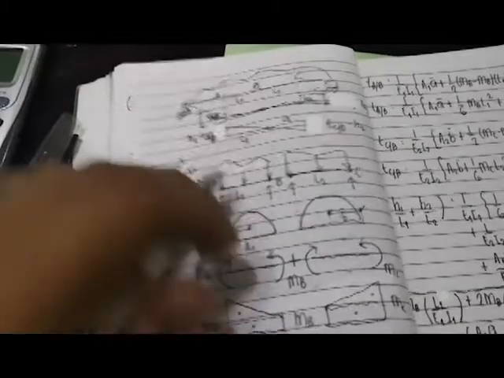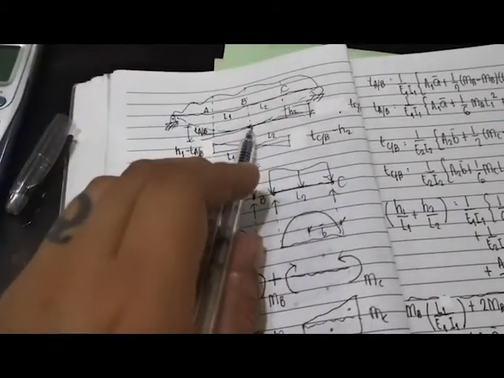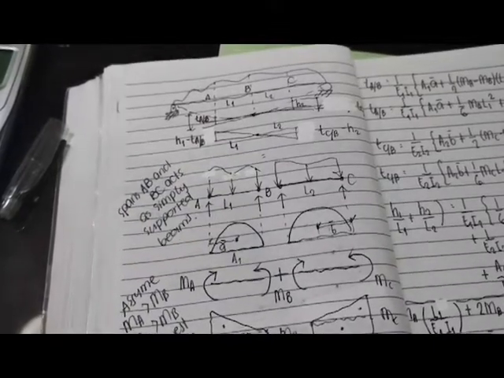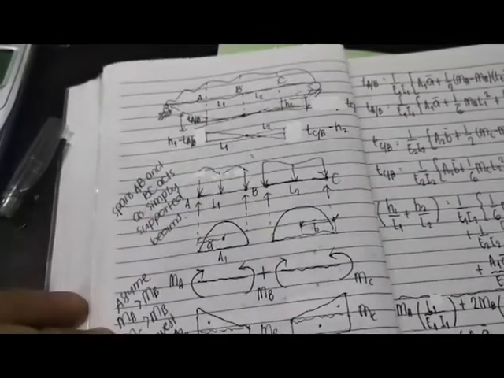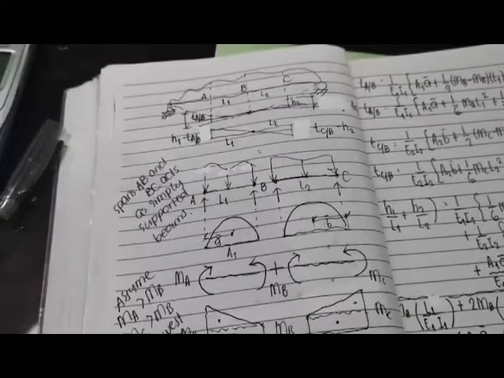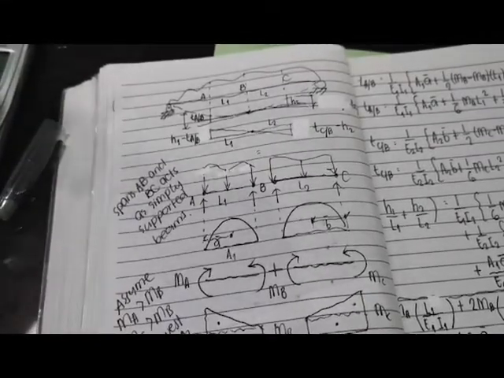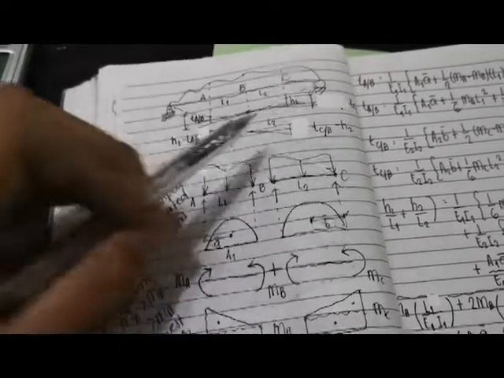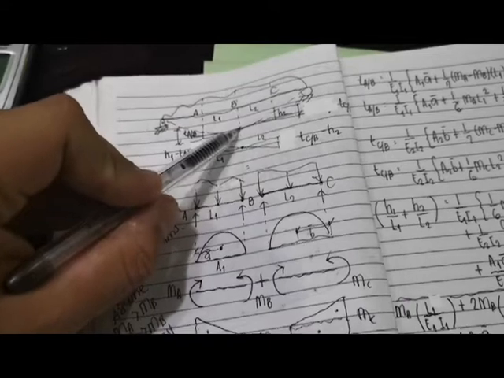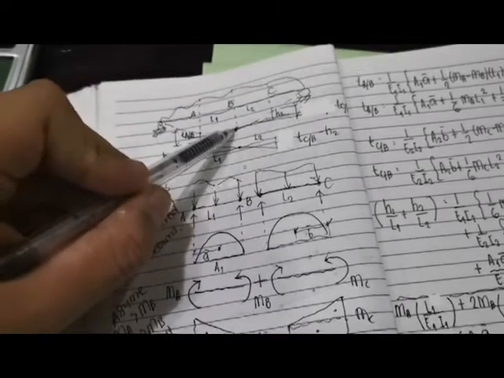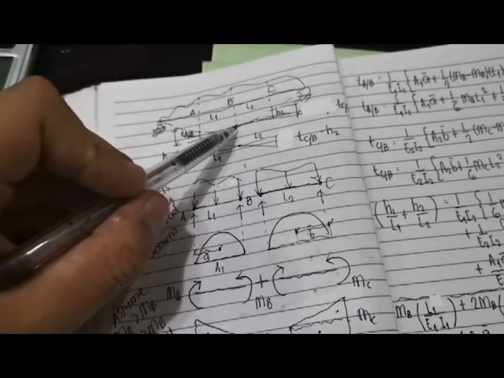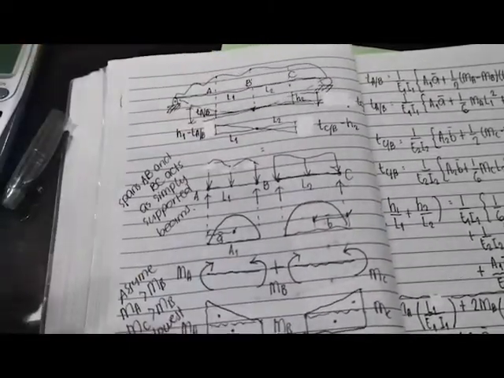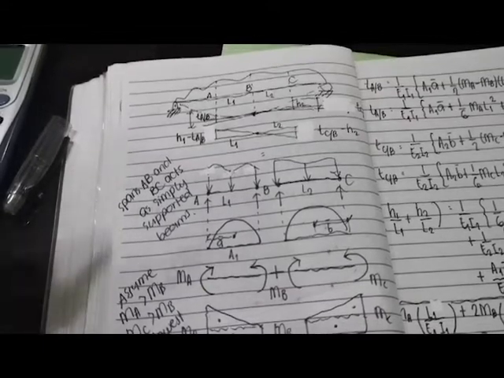Another assumption is that the middle point, point B, is the lowest point of the 3 points within the beam.